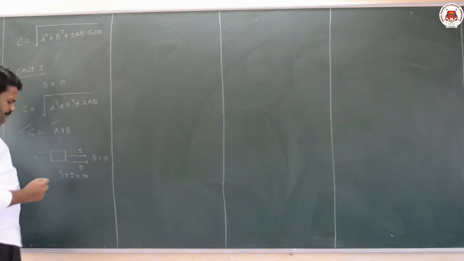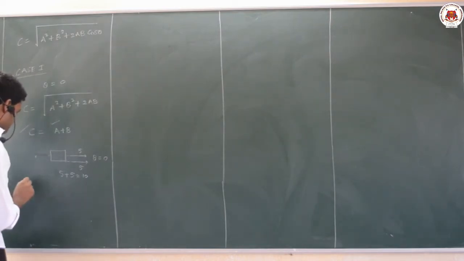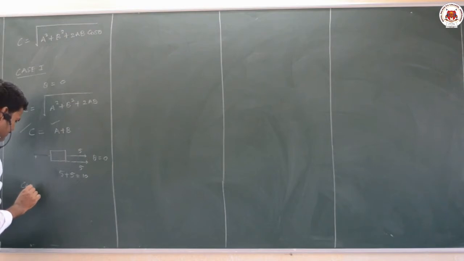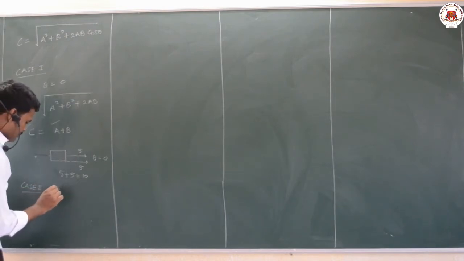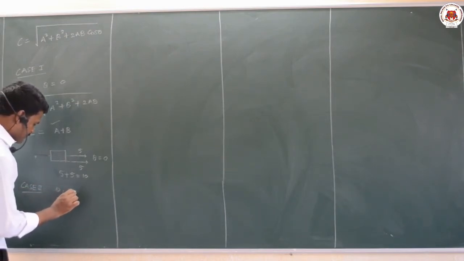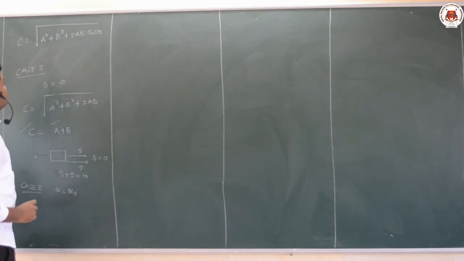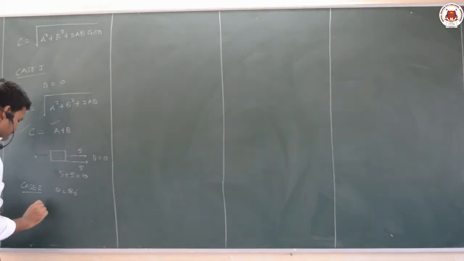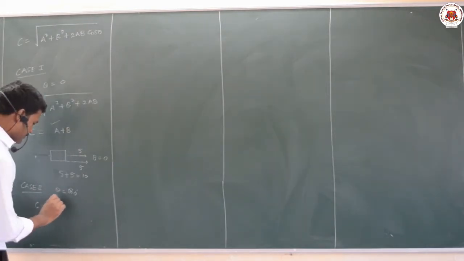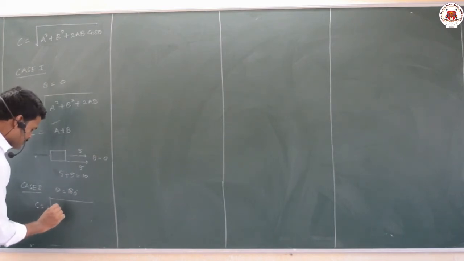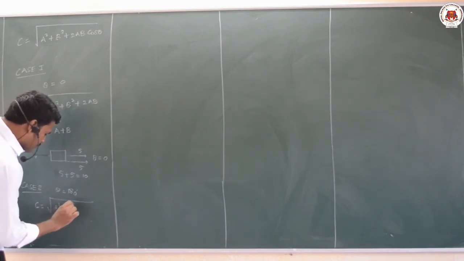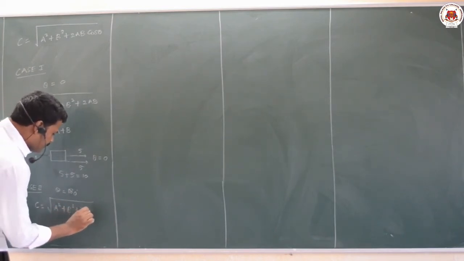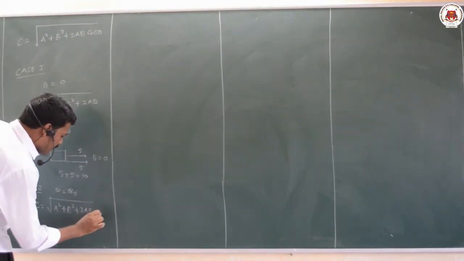Next, case 2, when theta is equal to 180. That means two vectors are acting in opposite directions. That is C is equal to root of a square plus b square plus 2ab cos 180.